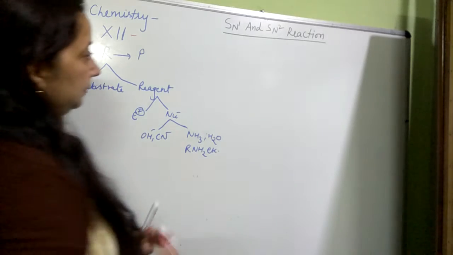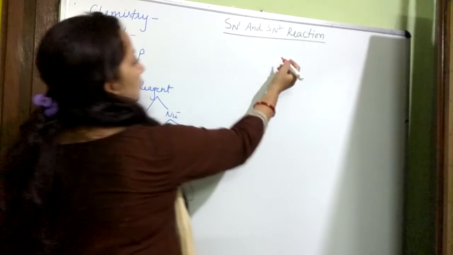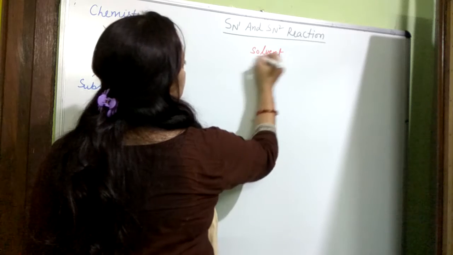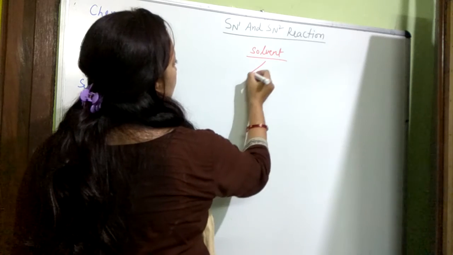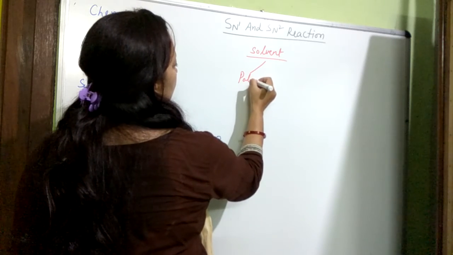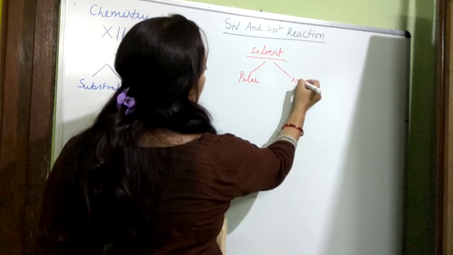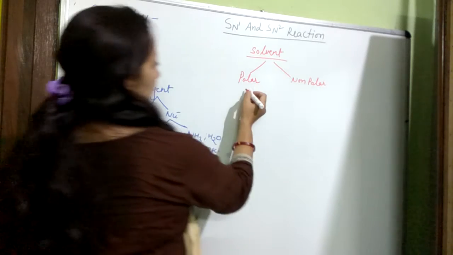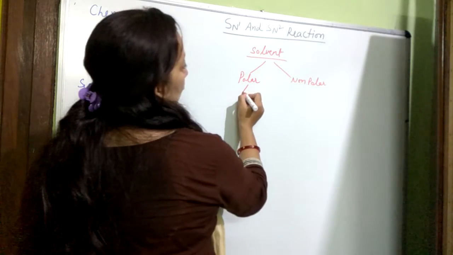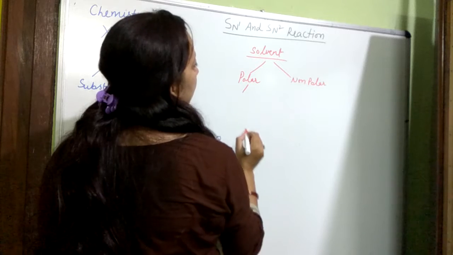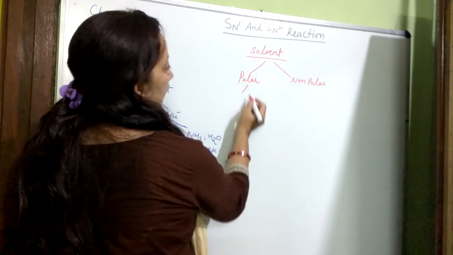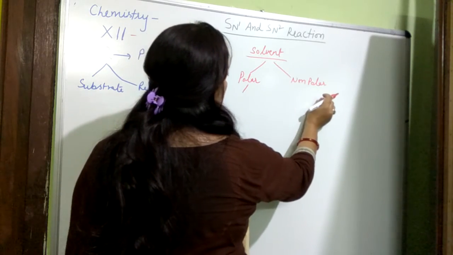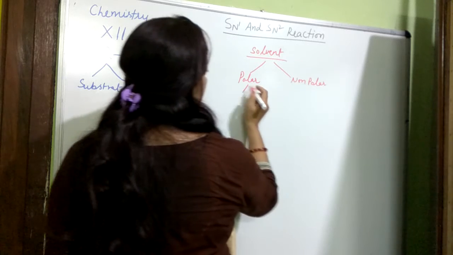Another factor which affects the SN1 and SN2 reaction is solvent. Solvent is of two types, polar solvent and non-polar solvent. Polar solvents have electronegativity difference between the atoms, and non-polar solvents have no electronegativity difference between the atoms.